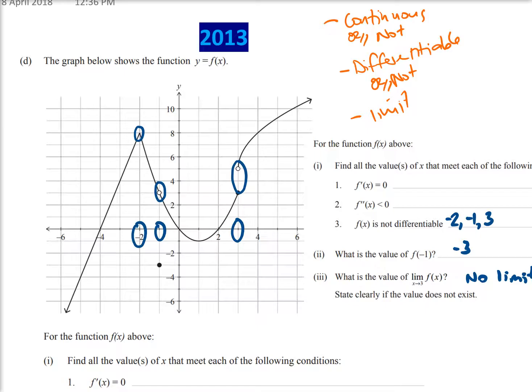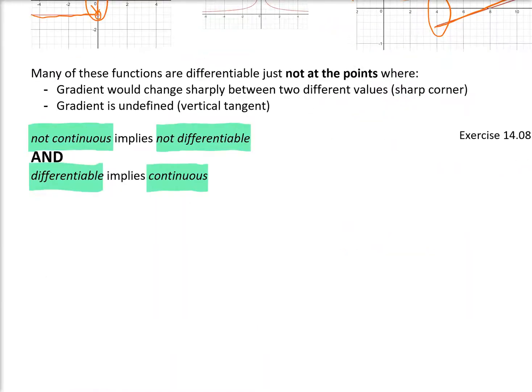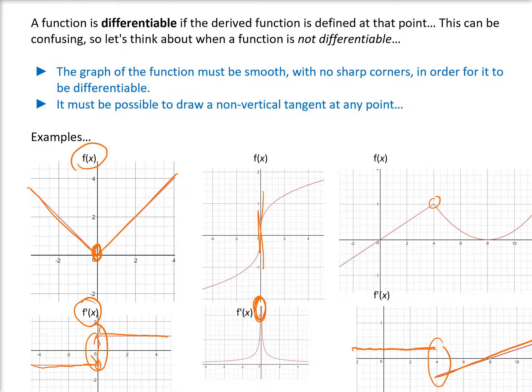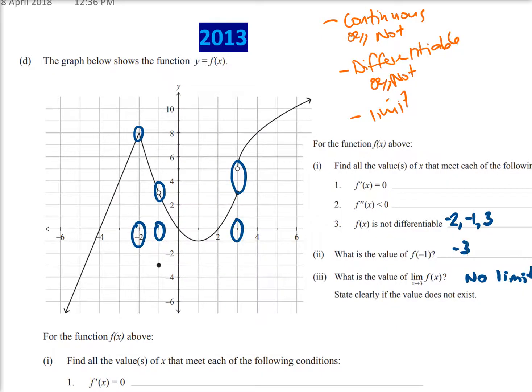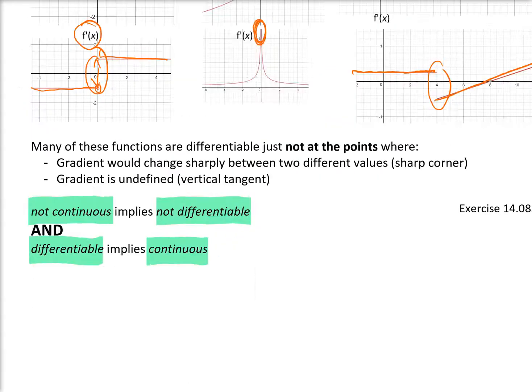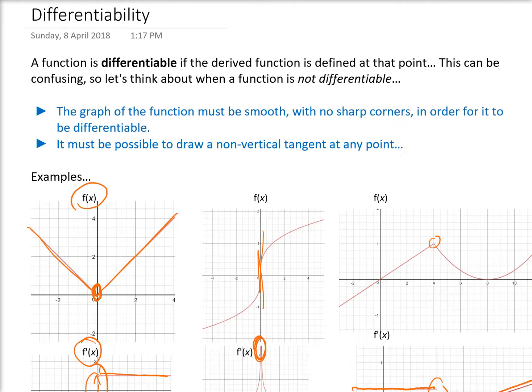Are there any more points of not differentiable? Let's have a look back at our stuff. So are there any smooth? Yeah, that sounds about right. So that's discontinuity, continuity, differentiability, not differentiability.